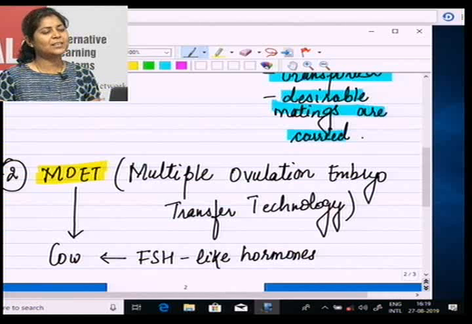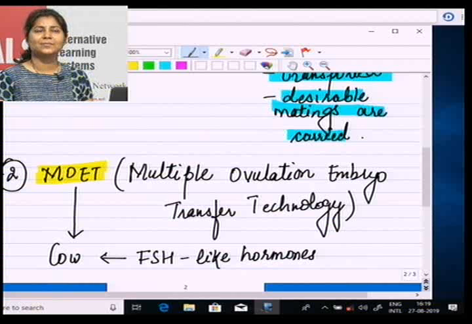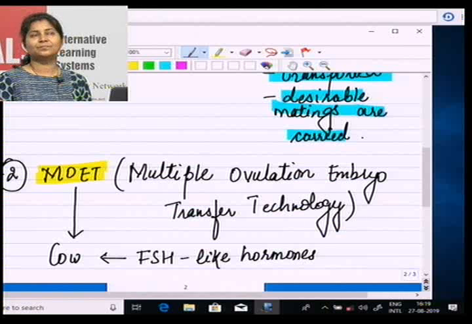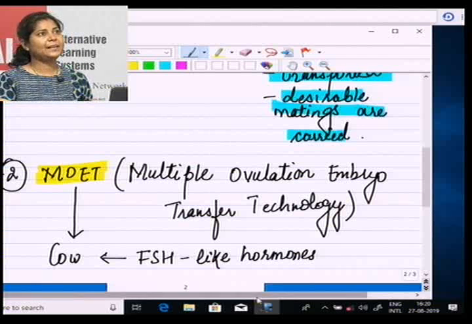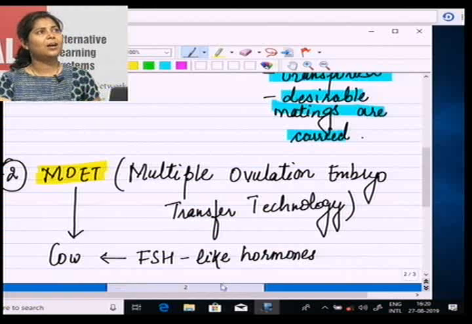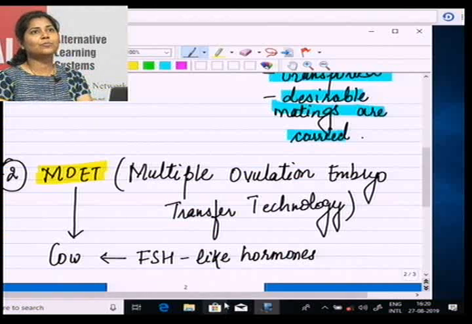All of you, any idea why FSH-like hormones? Let me see how much you remember from human reproduction. Anybody? Yes. Anybody? Why FSH-like hormone? Nobody? How is this going to work?